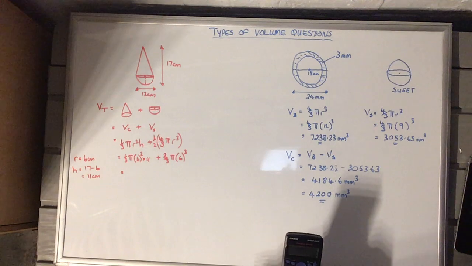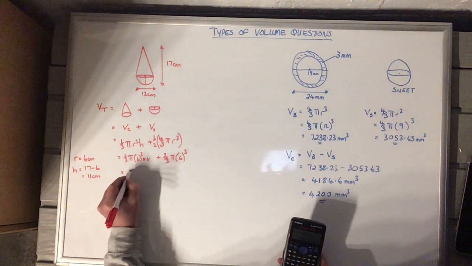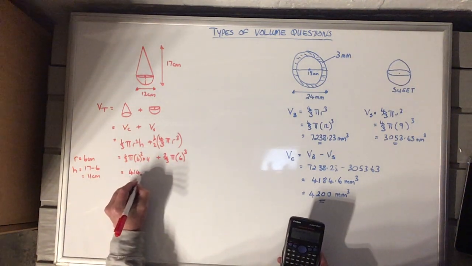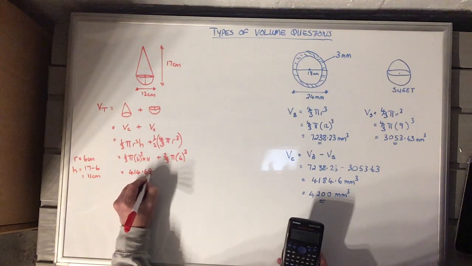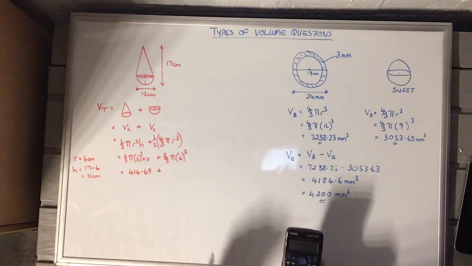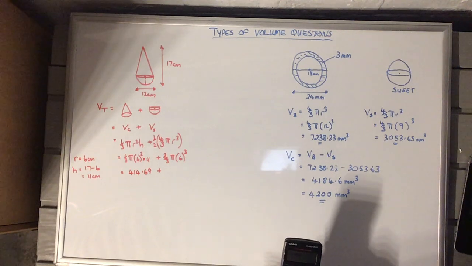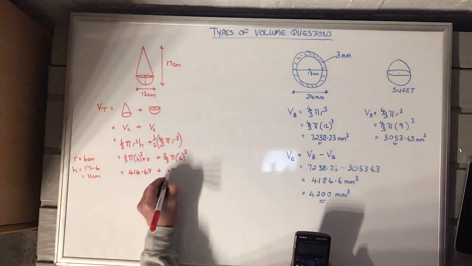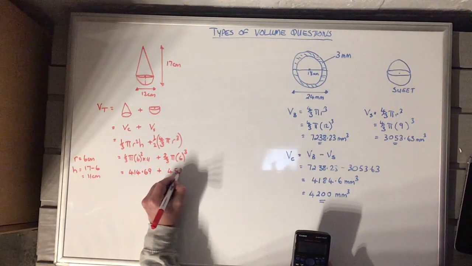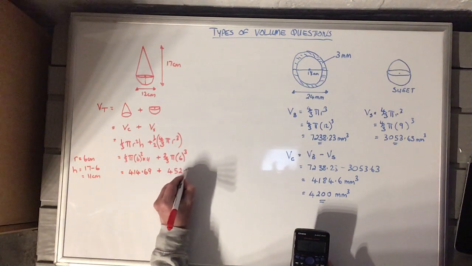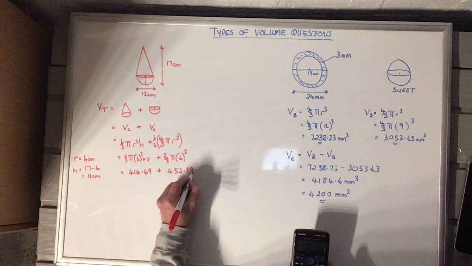So that's going to give me a value of 414.69 to 2 decimal places, plus, now do the sphere, half a sphere, so that's going to be 2 divided by 3 times pi times 6 cubed this time, and that's going to give me a value of 452.39 to 2 decimal places.